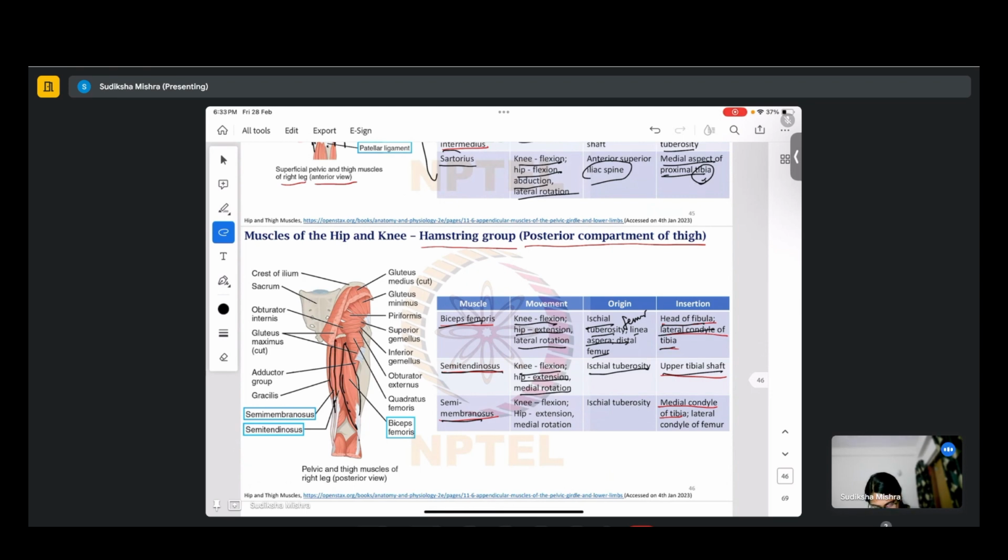Sorry, this is semimembranosus, which we'll be discussing next. Next is semimembranosus, which is this one, which is responsible for knee flexion, hip extension, medial rotation. It also originates on ischial tuberosity. It inserts into tibia and the lateral condyle of femur. So two different insertions.